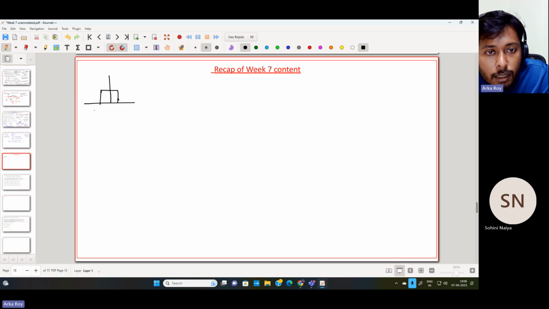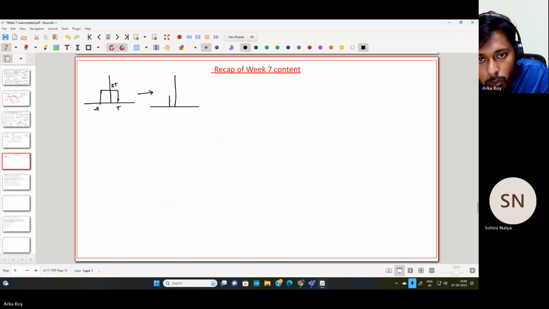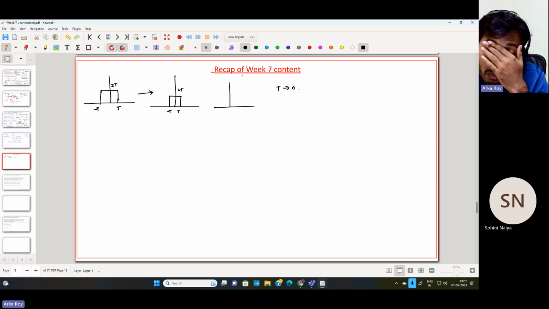Let us consider a square pulse which is lying between minus T to T, and the amplitude is 2T. Now I'm asking you to shrink the width of this particular analog pulse. So I have squeezed this analog pulse over here, and then I make T tend to 0.